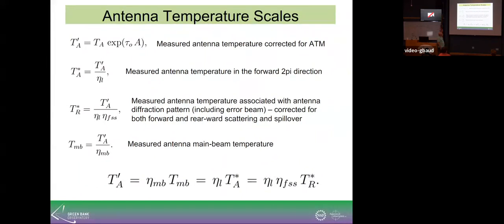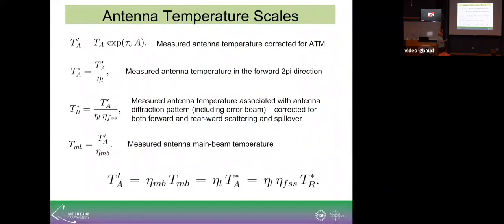That's the measured antenna temperature in the forward 2 pi direction. That's good for extended sources, since it's power in the forward direction. We use this term with the 12 meter. A lot of times Europeans will refer to it as a US temperature scale because it was just done with the 12 meter. Nobody else adopted it.